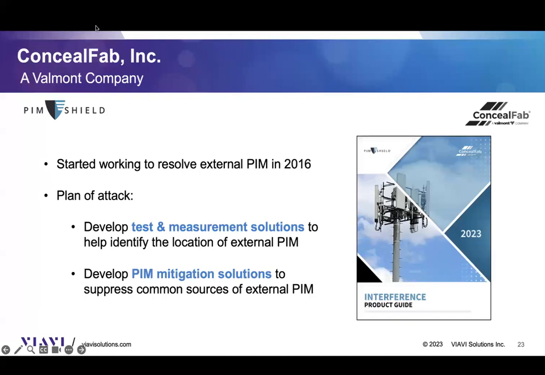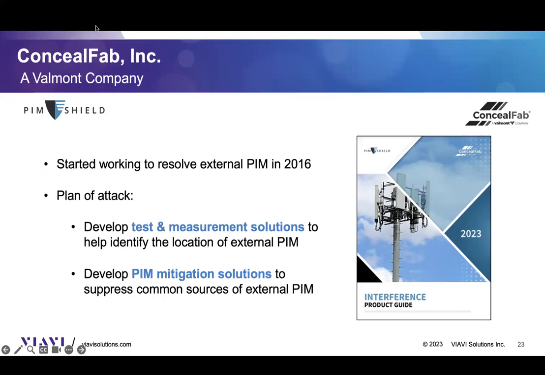Thanks, Eduardo. Appreciate that. I want to start with a little background on ConcealFab. We are a Valmont company that is primarily in the business of making concealments, hence the name ConcealFab. But we've also been working since 2016 to develop solutions to mitigate external passive intermodulation.